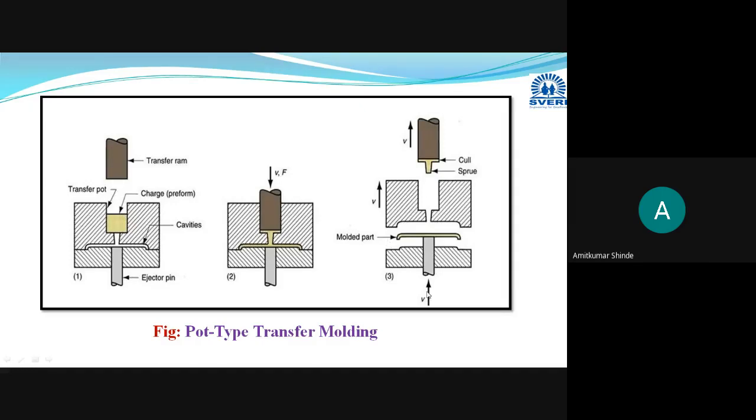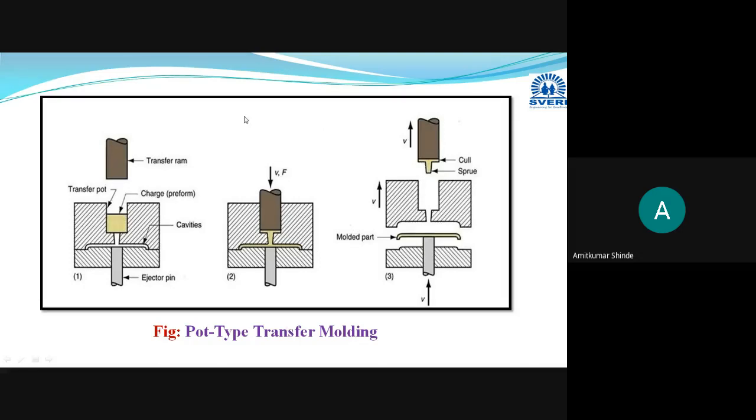In the next stage, after providing sufficient curing time, the mold is opened, the press is removed, and then the upper half of the mold is removed. From the lower half of the mold, with the help of the ejector pins or knockout pins, by raising them, the molded part is removed.